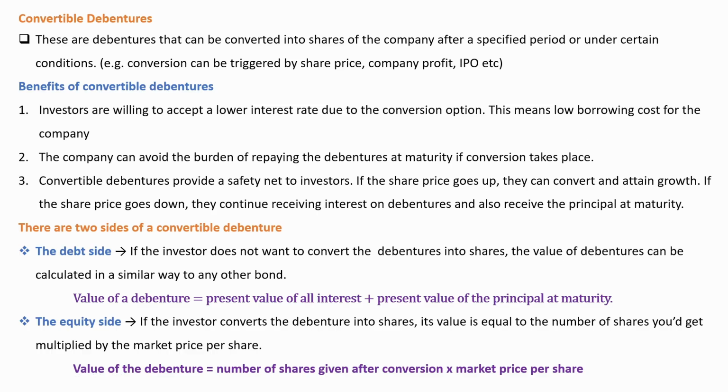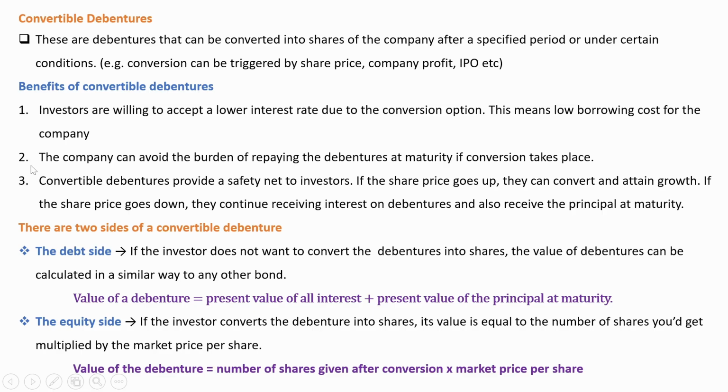Convertible debentures are more attractive than non-convertible debentures because it gives the investors the option to keep the debt or to convert the debt into shares. Therefore, because of having the 2 options, debentures become very attractive such that the investors can still buy them even at a low interest rate.